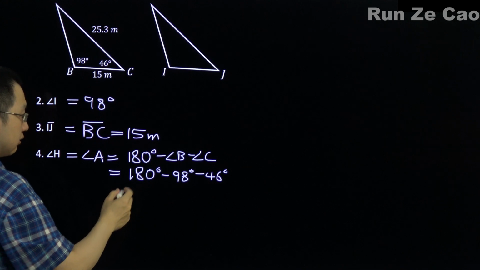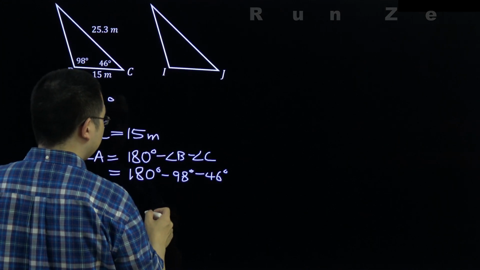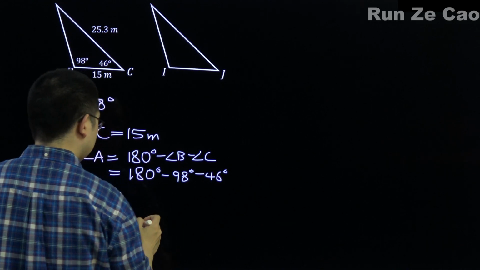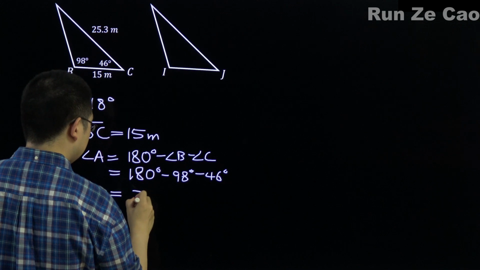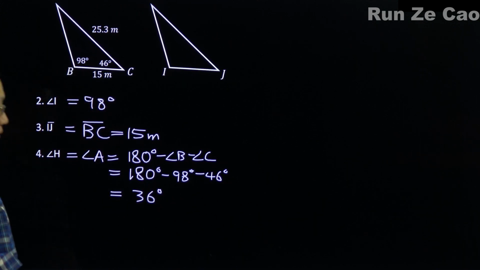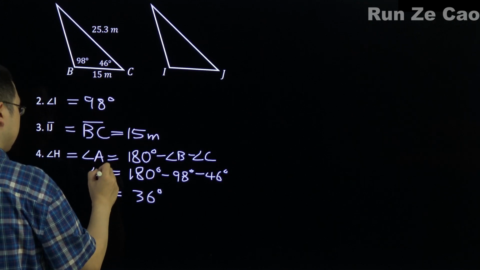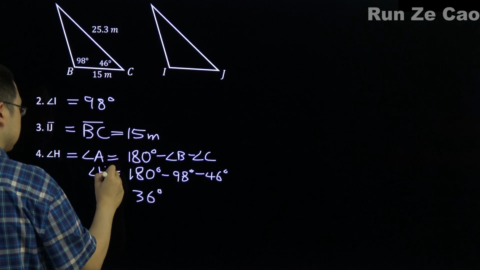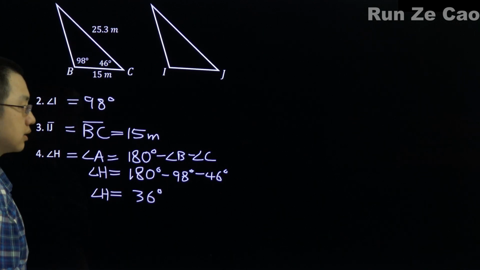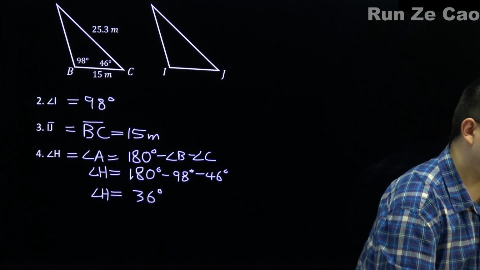So the minus 98 degrees would leave us with 82 degrees. And then minus 46 degrees, well, we end up with 36 degrees. So angle H is 36 degrees because it's equal to angle A.